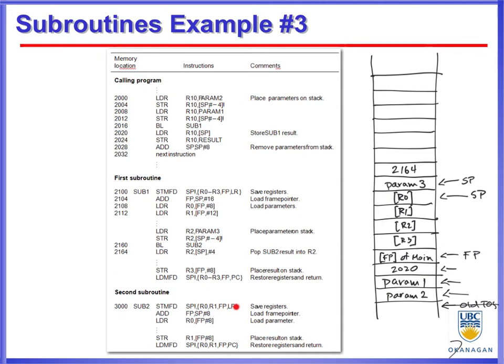And then we're going to put the contents of the frame pointer. Well, the frame pointer currently has the address of this location in it. Okay, so we're going to call that contents of frame pointer of sub 1. Whatever the address is of this memory location in memory gets stored in here.